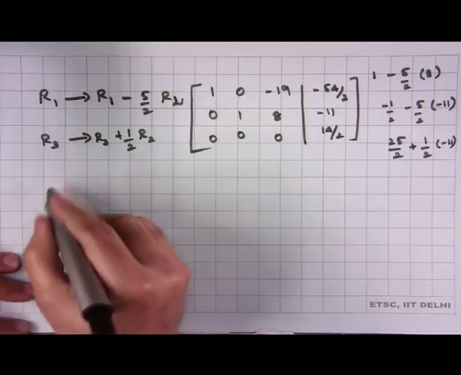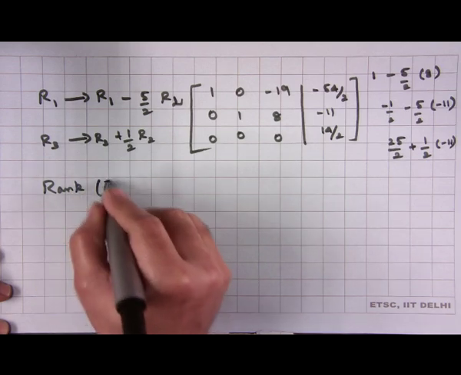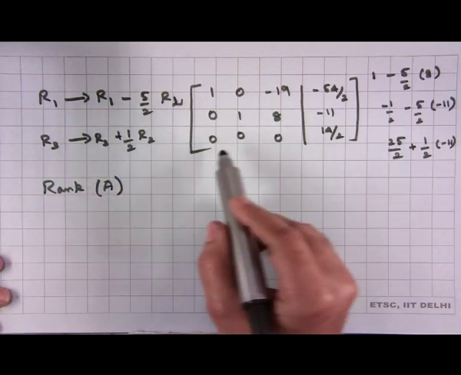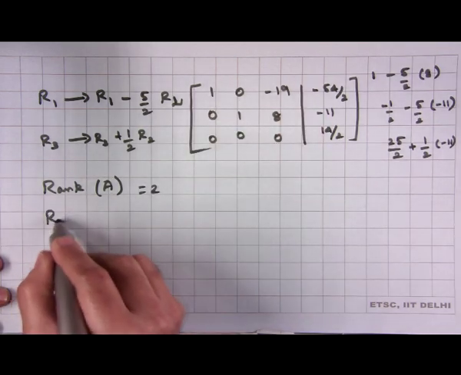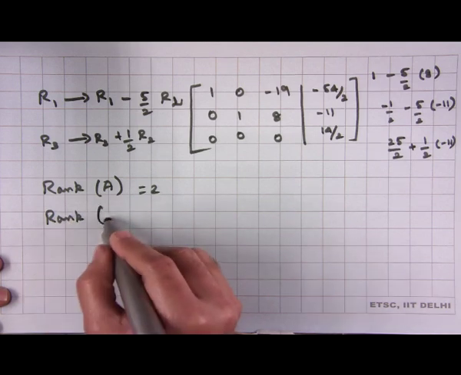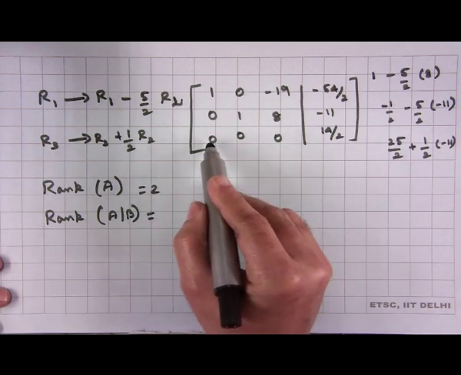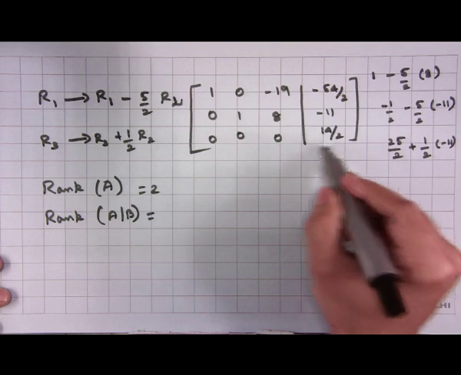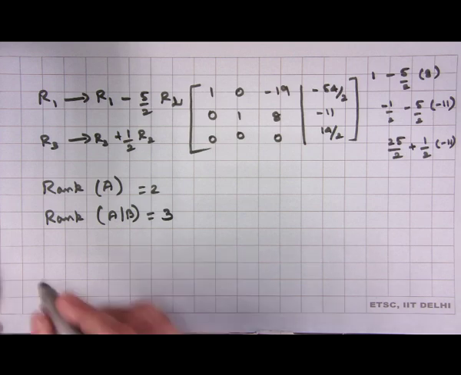Now, the rank of the coefficient matrix A, just look at this and one can easily conclude that it is just 2. Similarly, the rank of the augmented matrix: you have a zero row in the coefficient part, but you have this non-zero term in the augmented column, which will easily tell us that the rank is 3.